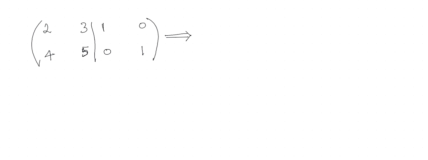The objective of the procedure is to do row operations on the 2, 3, 4, 5, so that this side looks like 1, 0, 0, 1. The 2 should become a 1, 3 should become a 0, 4 should become a 0, 5 should become a 1. Do you get that? Yes, uncle.